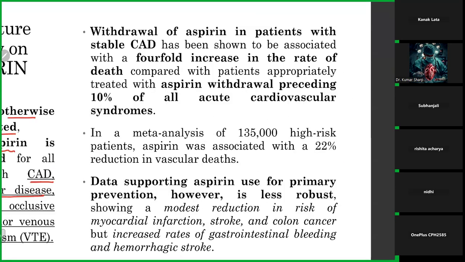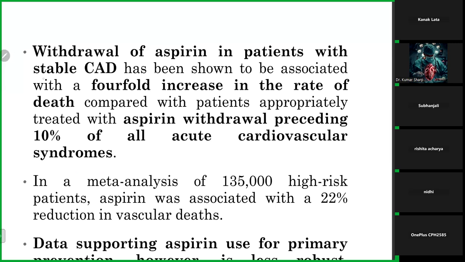Withdrawal of aspirin in patients with stable coronary artery disease has been shown to be associated with a four-fold increase in the rate of death, compared with patients who are appropriately treated with aspirin, withdrawal preceding 10% of acute coronary vascular syndromes. So you have a 4x increase in the rate of death if you are withdrawing aspirin.